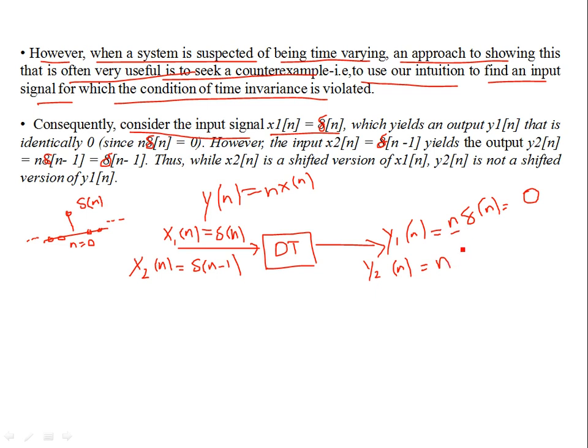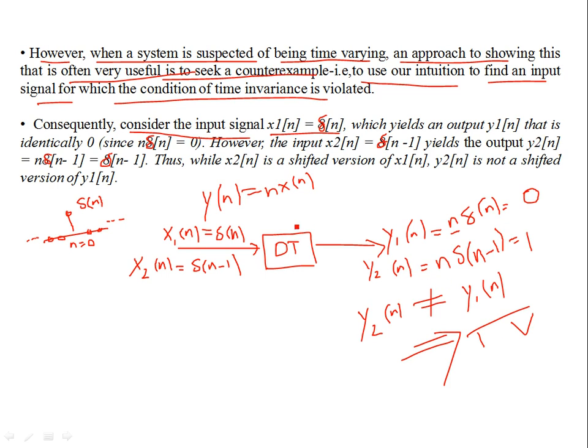This impulse only exists at n equal to 1, which means the output is 1. So y2 of n is not equal to y1 of n. That means my system is time variant, TV.